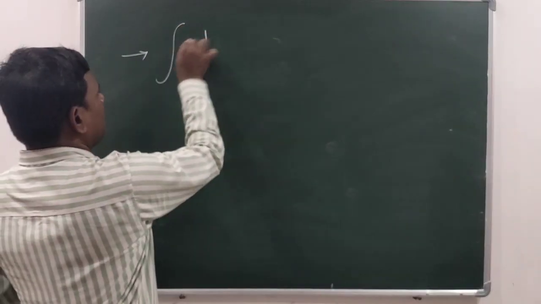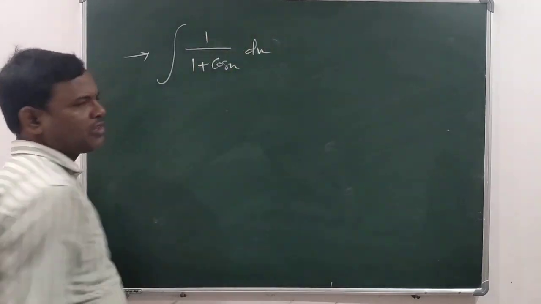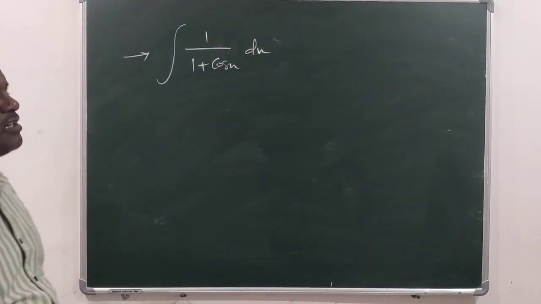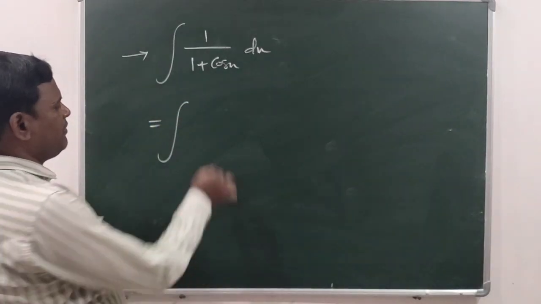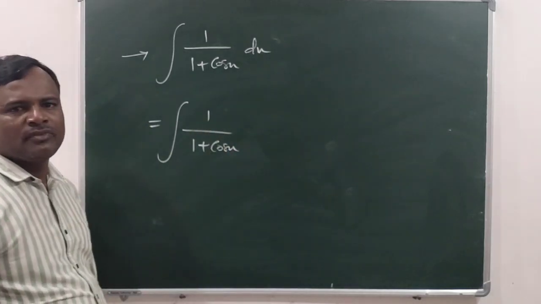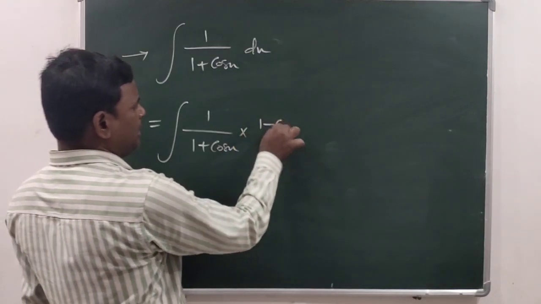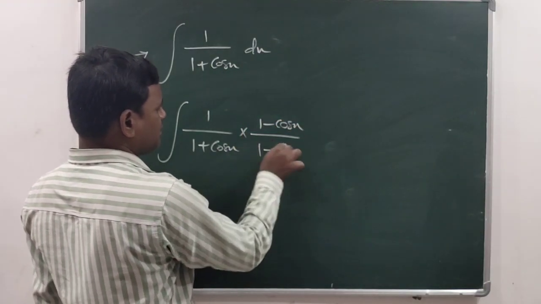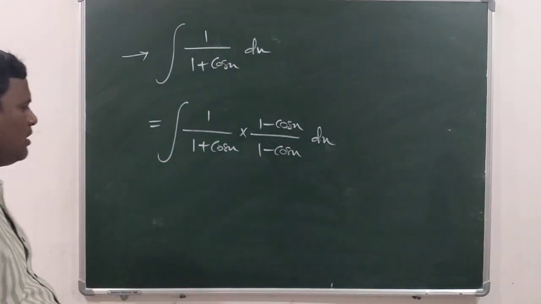Integration of 1 by 1 plus cos x dx. How do you find its integration? Integral of 1 by 1 plus cos x. Now, multiply numerator and denominator with 1 minus cos x by 1 minus cos x dx. Right?